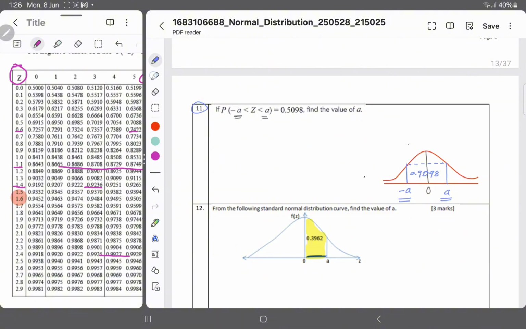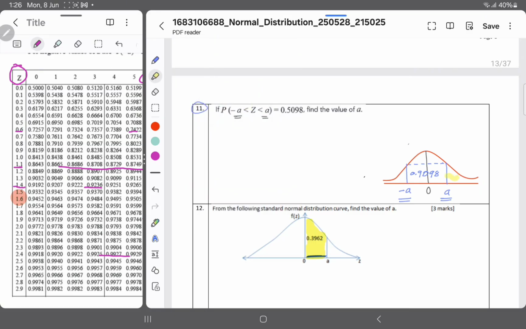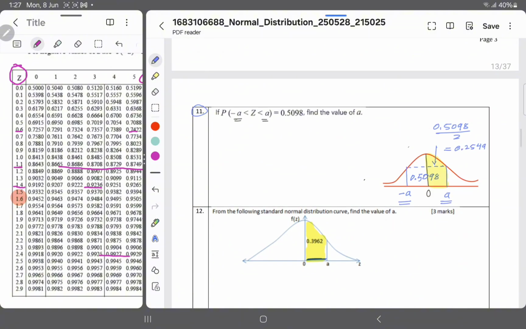So if you want to state the area only between 0 and a, it will be the given area 0.5098, sorry, divided by 2. It's equal to 0.2549.